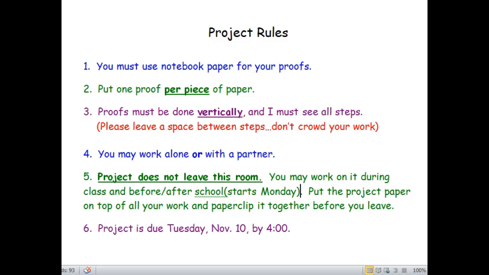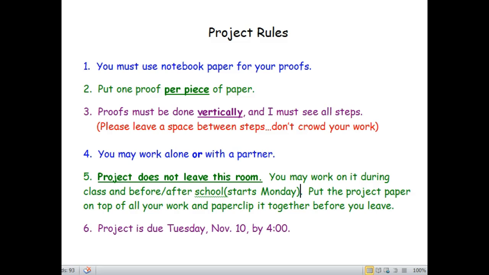Now remember, I need everything to stay here. I am letting you use your notes on the project. The thing is, whatever you use needs to stay in class. I do not want any of these problems leaving my class.